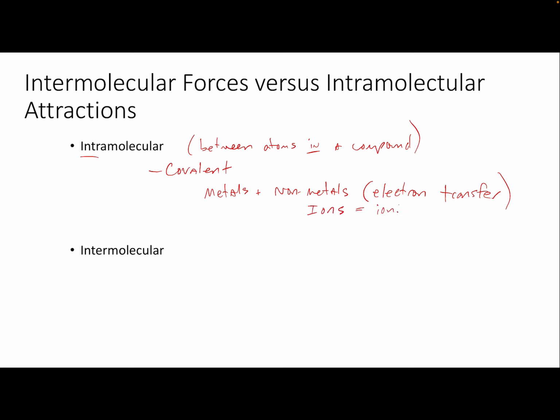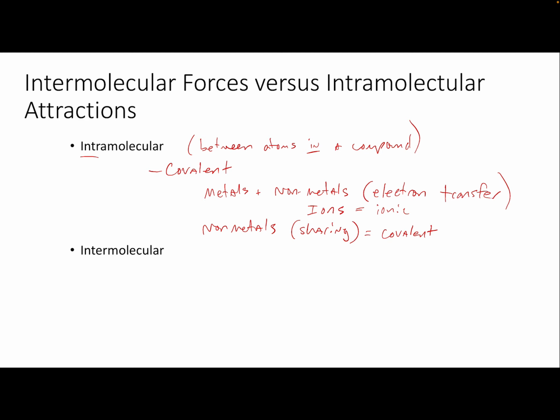Ions means ionic. So the sharing of electrons doesn't take place, the transfer takes place. That's what ions are. Now, nonmetals and other nonmetals will share electrons. And electron sharing is what we call covalent. This equals a covalent bond.